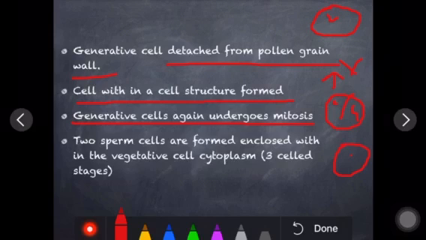But when more division takes place in the generative cell, like this is the vegetative cell and here this is the generative cell, and again it undergoes more cell division. So how many cells are there? 1, 2, 3. Please try to understand.